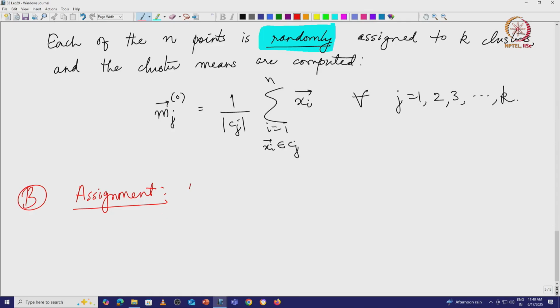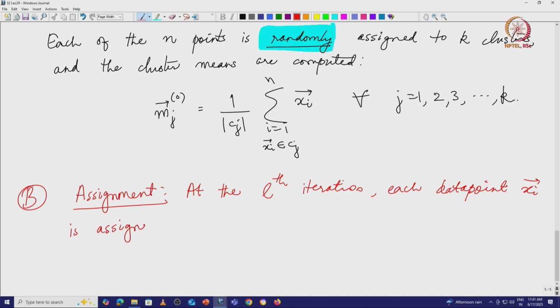So, in assignment at the lth iteration, each point xi is assigned to the cluster Cj with the nearest mean.